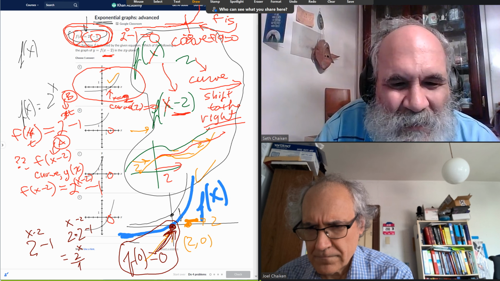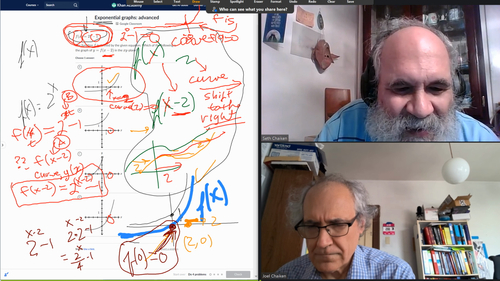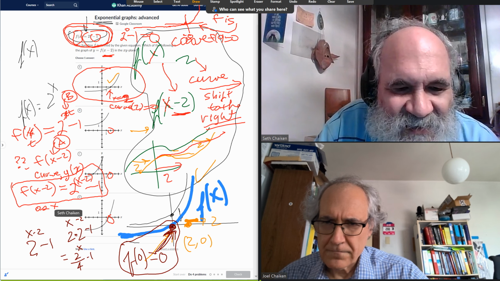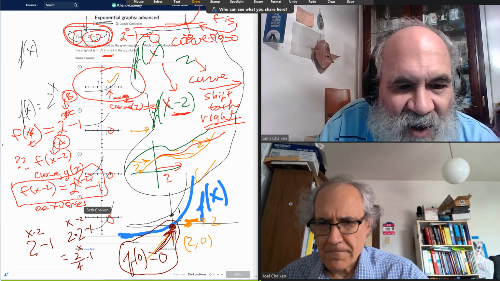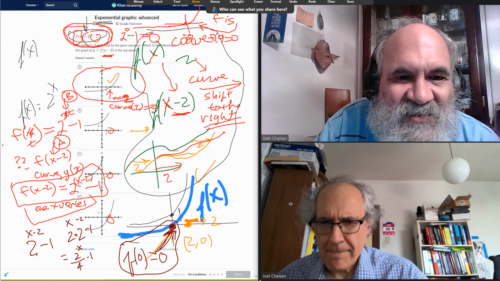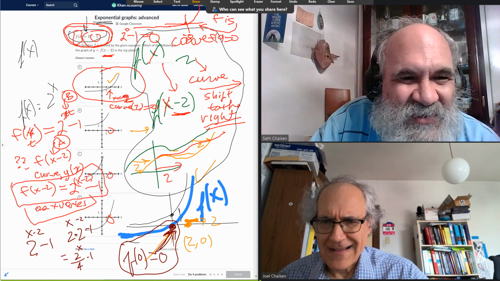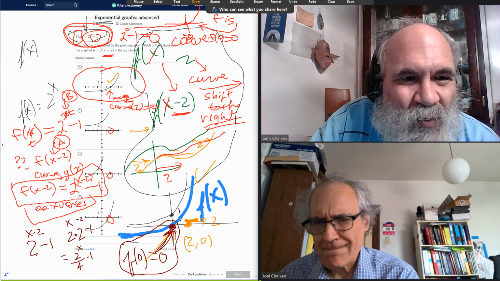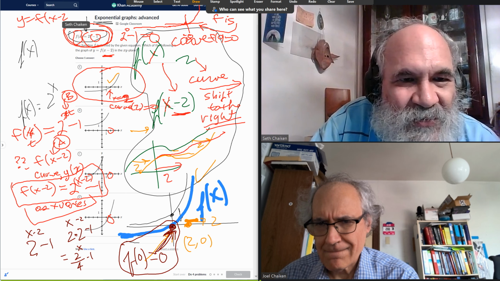So we're interested in this curve as x varies. So another approach is to say we're interested in y equals f of x minus 2.